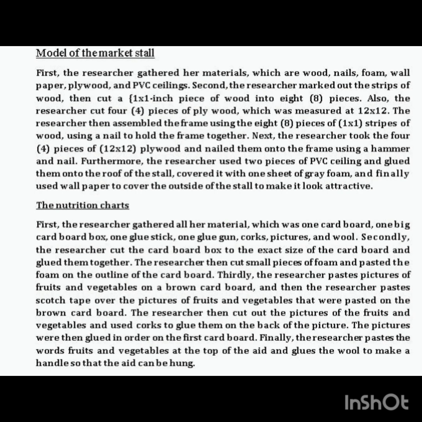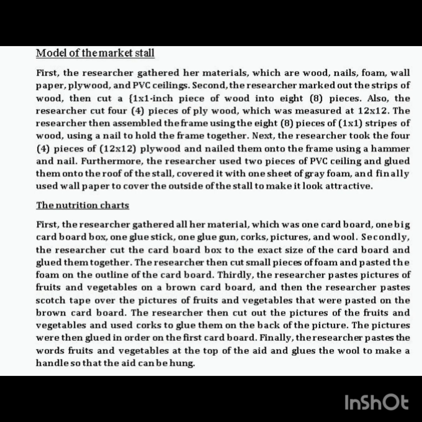Thirdly, the researcher pasted pictures of fruits and vegetables on a brown cardboard, and then pasted scotch tape over the pictures. The researcher then cut out the pictures of the fruits and vegetables and used corks to glue them on the back of the pictures.